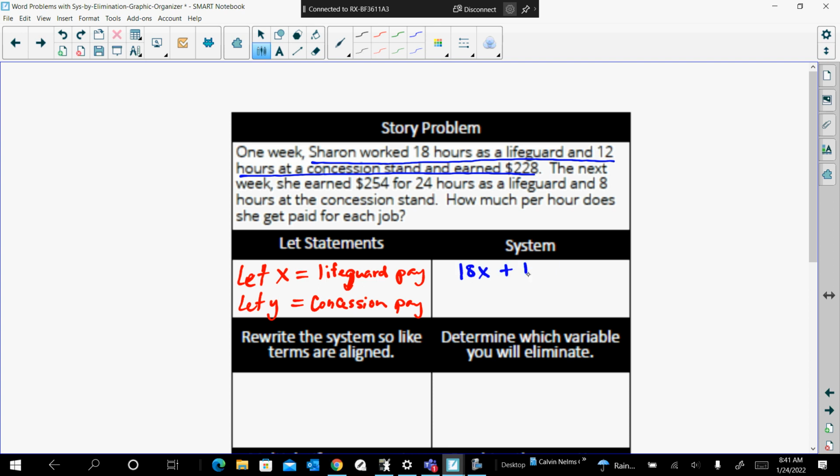Yeah, 18x plus 12y equals 228. There we go. Then if I look at the next sentence, the next week, she earned $254 for 24 hours lifeguard and 8 hours concession. So this should be 24x plus 8y equals 254.